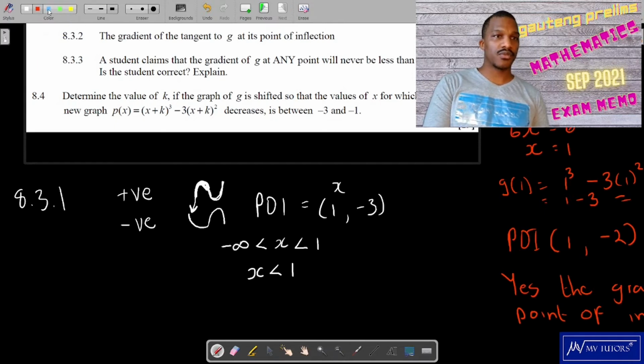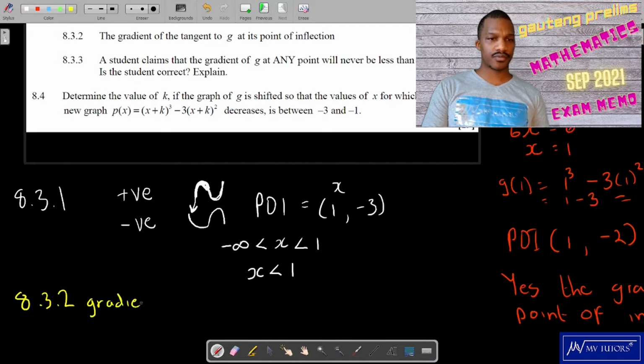Let's use blue. There. Hey, I haven't used yellow. 8.3.2. So it says the gradient of the tangent to G at its point of inflection. So we know that the gradient is given by the first derivative of x, right?